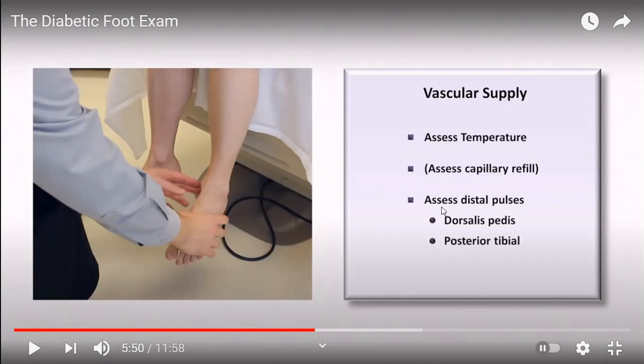Another one is assessing the distal pulses. So most distally, it is called dorsalis pedis. We can check it. You can feel it or not. Is the interval per beat normal, and is it irregular or regular? And the posterior tibial.